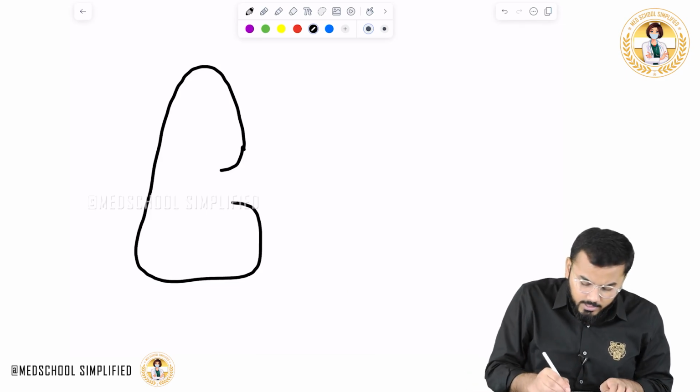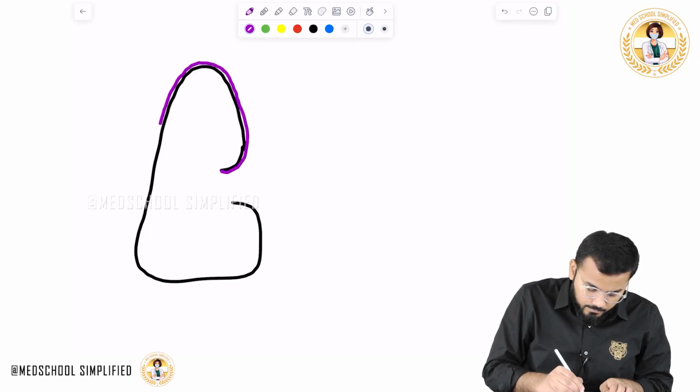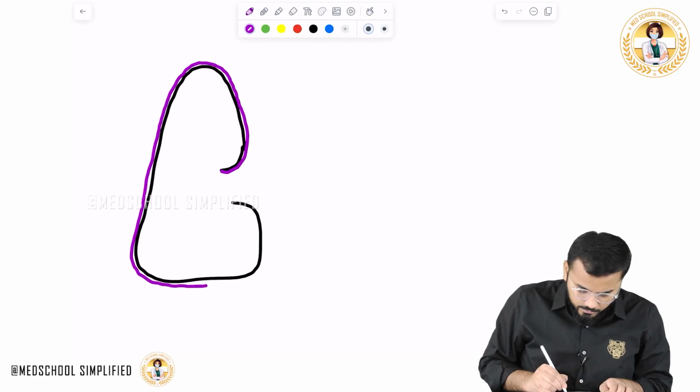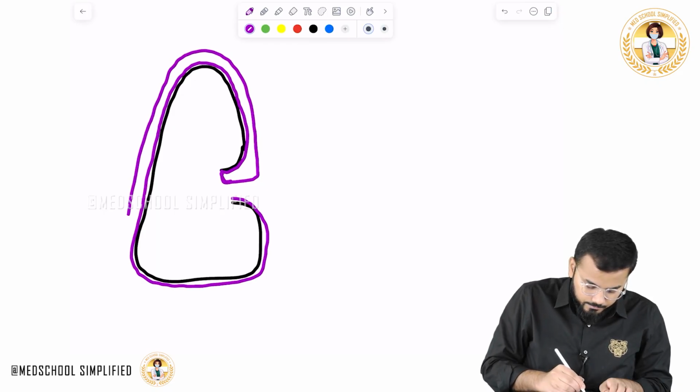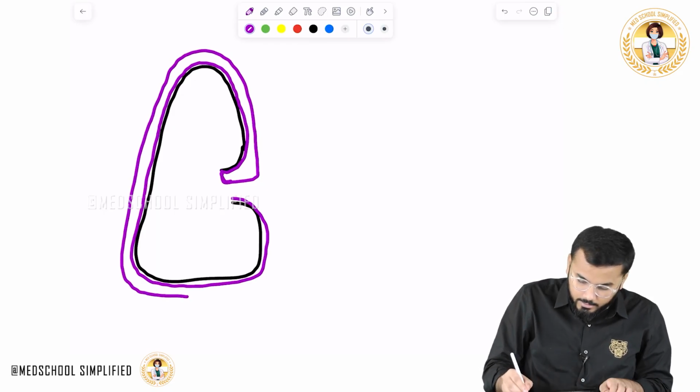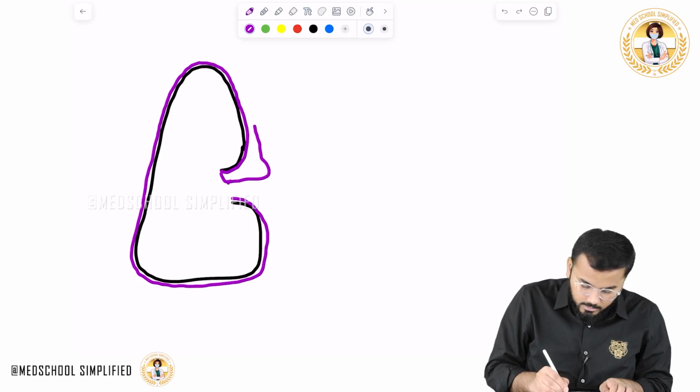Very quickly I'm drawing it. This is your visceral pleura, and this is the recess, and this is your parietal pleura. And I'm sorry, I should also draw the recess down.